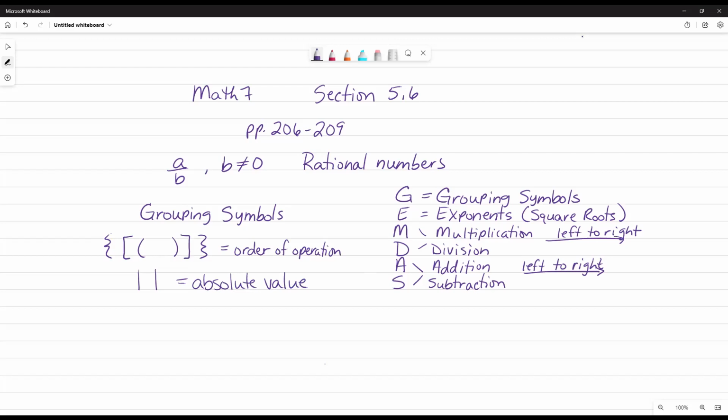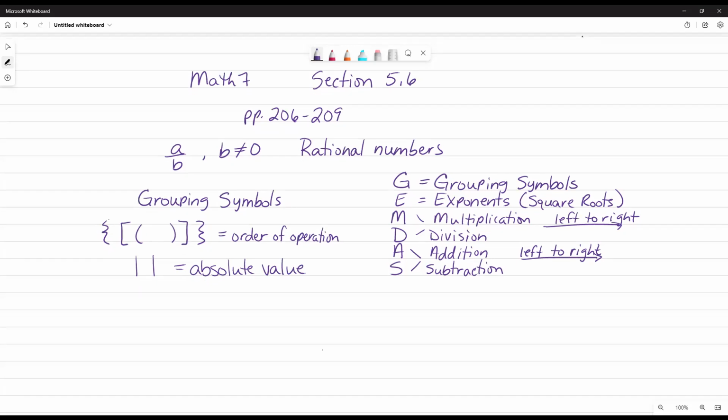So no matter what the sign of the term or the expression inside the absolute value is, when you solve it, outside of absolute value it's positive. However, before the numbers inside absolute value interact with anything else, you must solve them first. You must simplify them into whatever their positive value is.